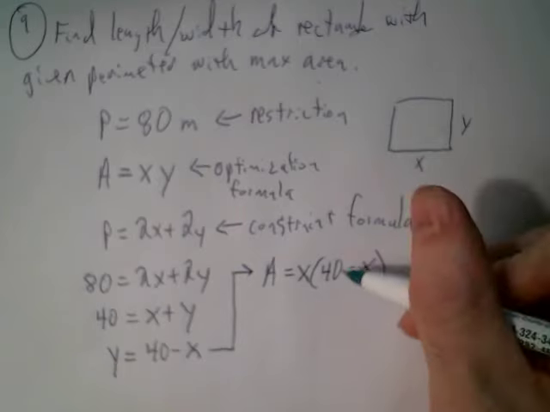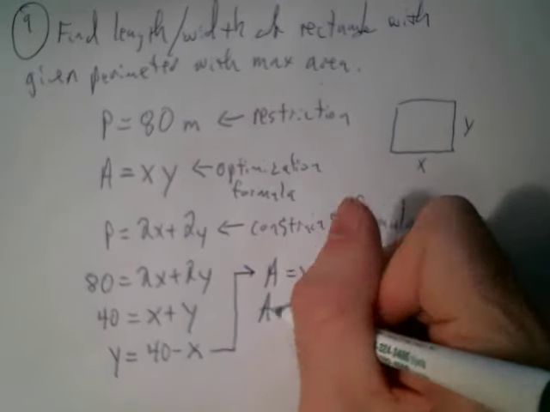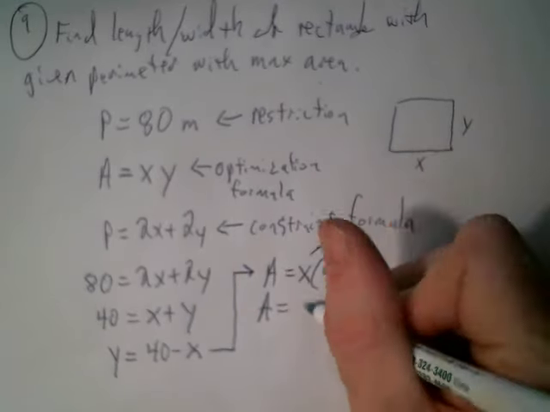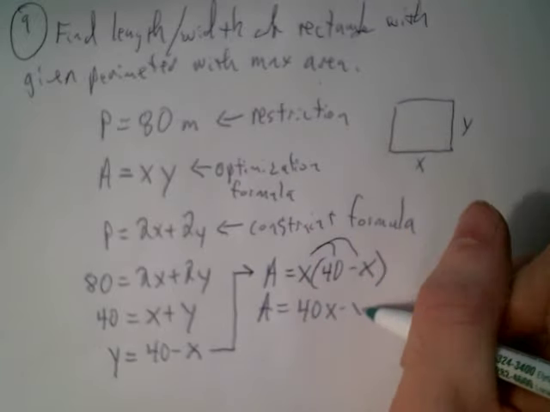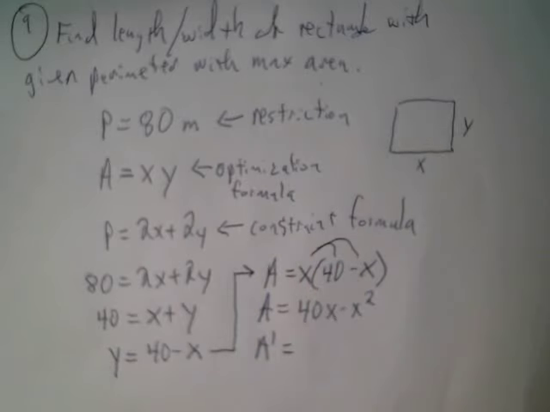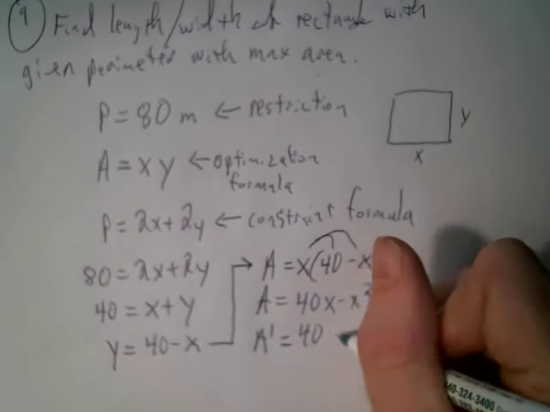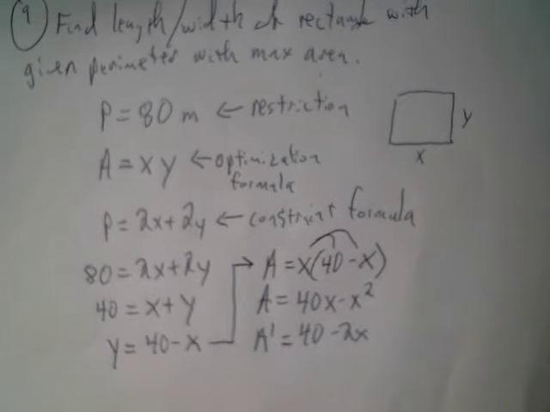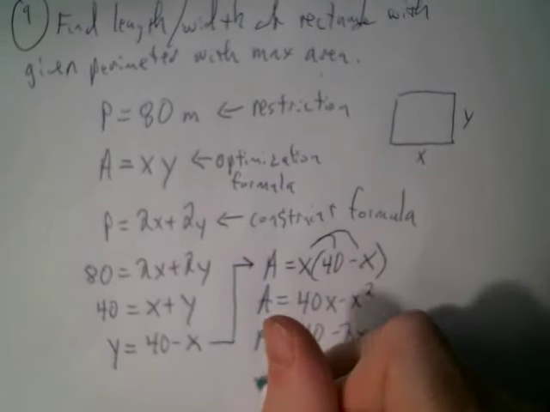Once I get here, I can take a derivative. Let's first distribute. And now I'll take the derivative with respect to x. Now identify the critical numbers.